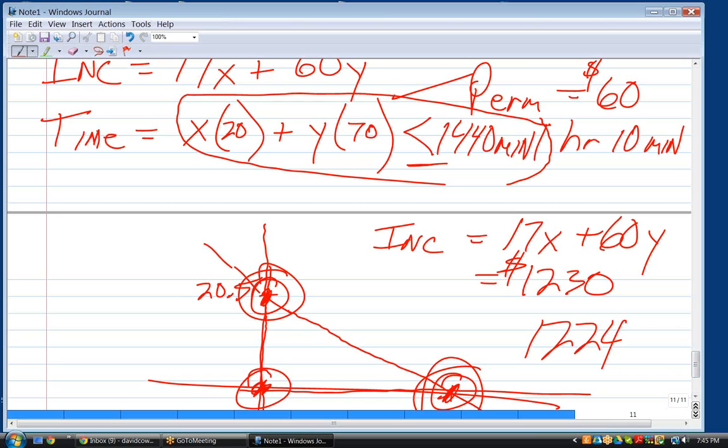So if you work exactly 24 hours doing permanents, you make 1230, I guess. You'd have 1,440 minutes divided by 70 minutes.